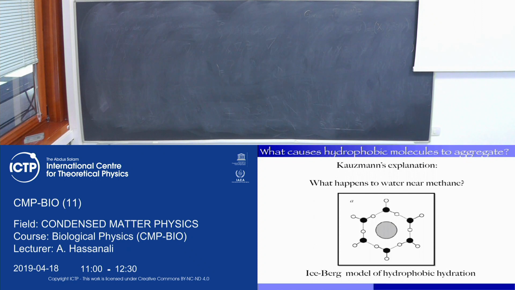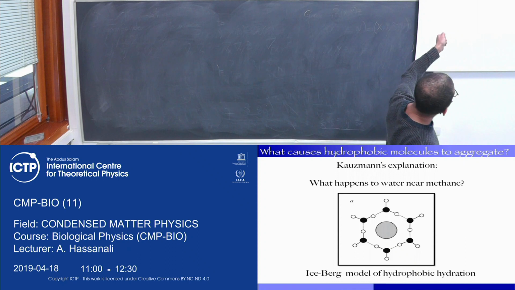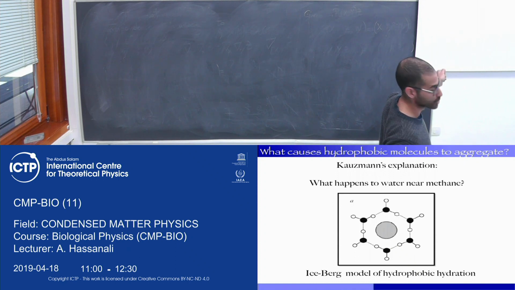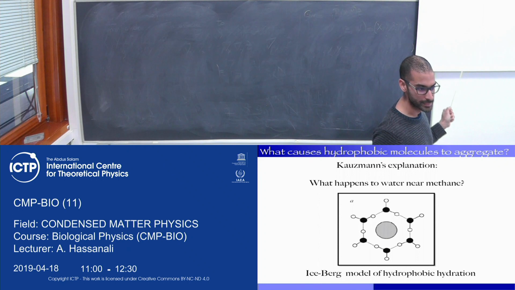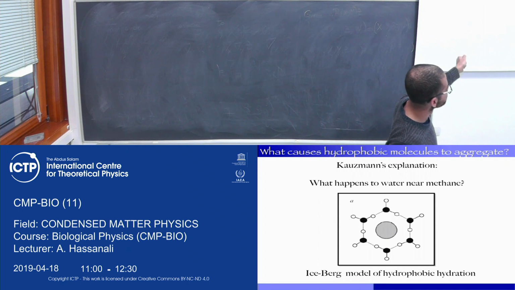What's the driving force for them to stick with each other? It's the same question as protein folding. What causes the proteins to stick with each other? And the argument that was suggested decades ago by Kauzmann was, if I have a solute like neon in water, then neon doesn't like water. So these interactions are not favorable. There's only dispersion, van der Waals interaction.